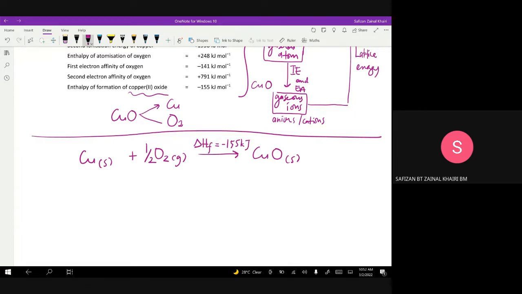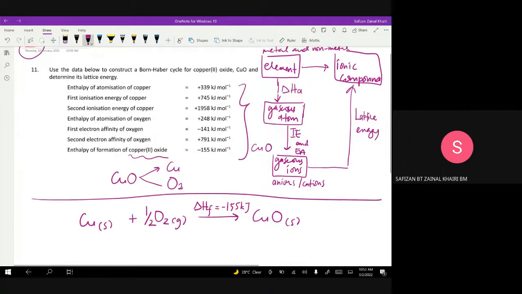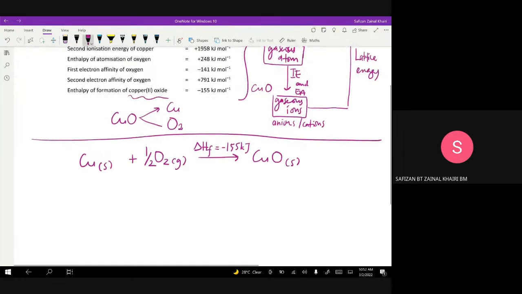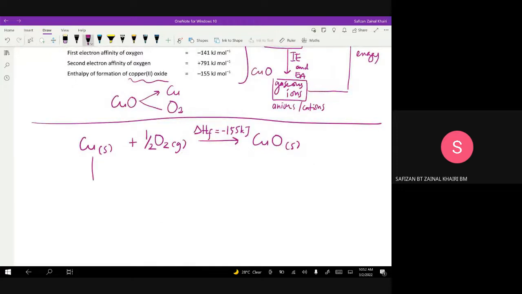Okay, kita start dulu dengan enthalpy of formation. Okay, next. Okay, tadi saya kata apa? Daripada elemen, it change to the gases atom. Okay, so copper solid change to the copper in the gases phase. Copper gases. Okay, so this process we call as a atomization process.